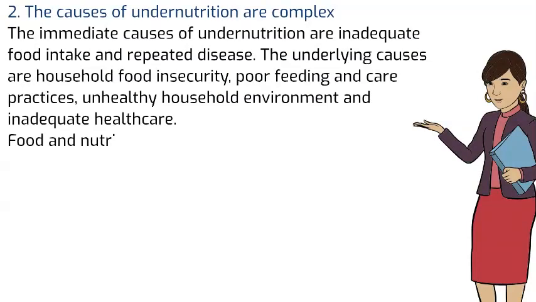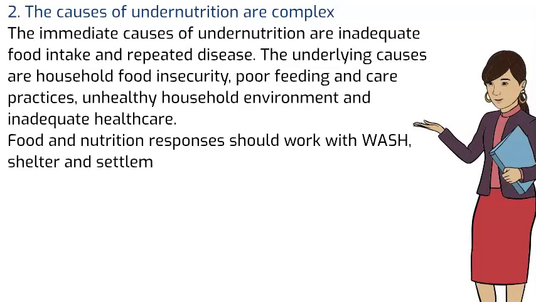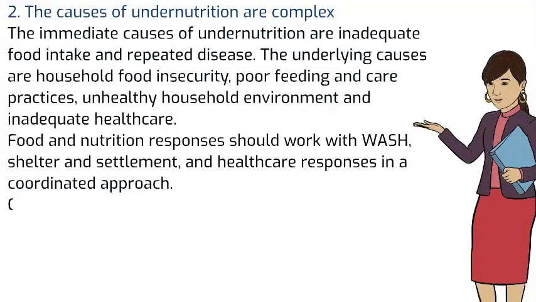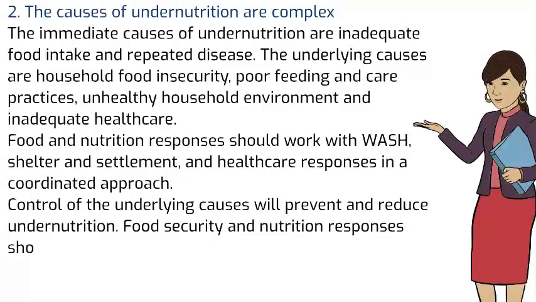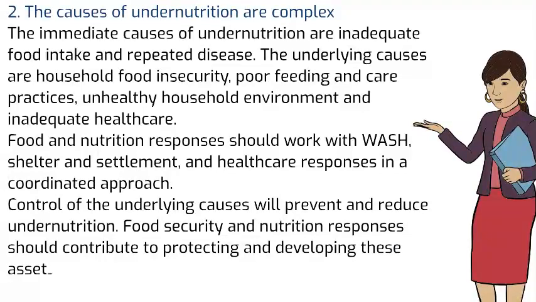Food and nutrition responses should work with WASH, shelter and settlement, and health care responses in a coordinated approach. Control of the underlying causes will prevent and reduce undernutrition. Food security and nutrition responses should contribute to protecting and developing these assets, and therefore supporting different livelihood strategies.